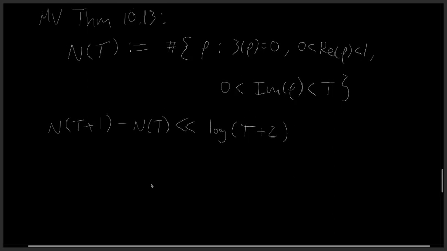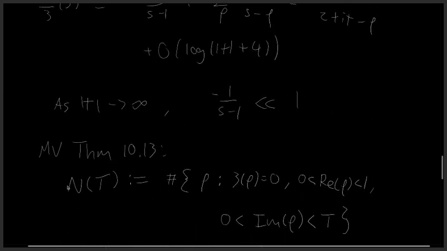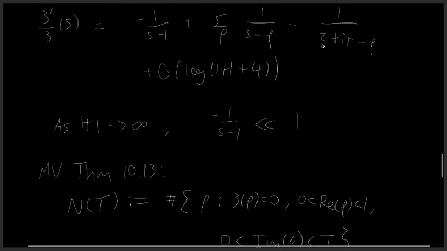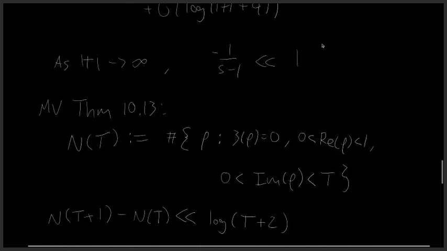So we have this bound, and what that means is that for the sum over the zeros, we're going to look at each piece individually and see how much we get from each piece.